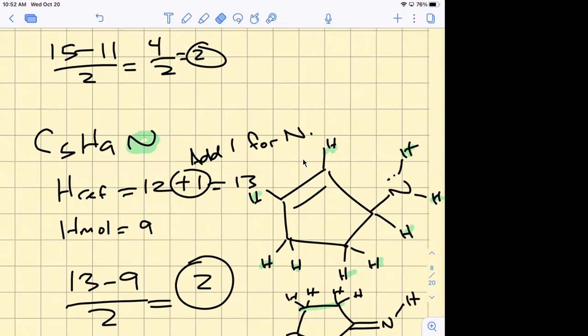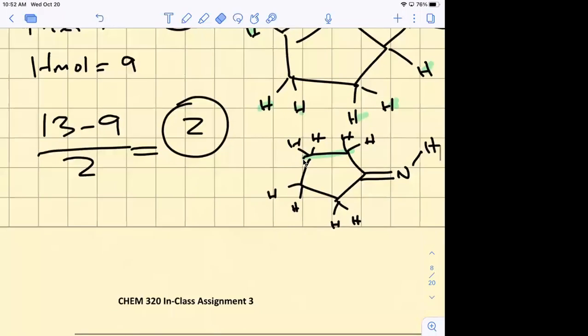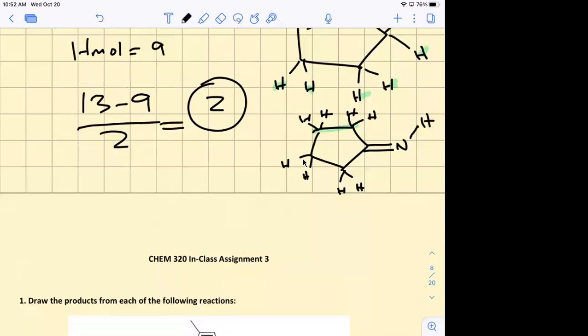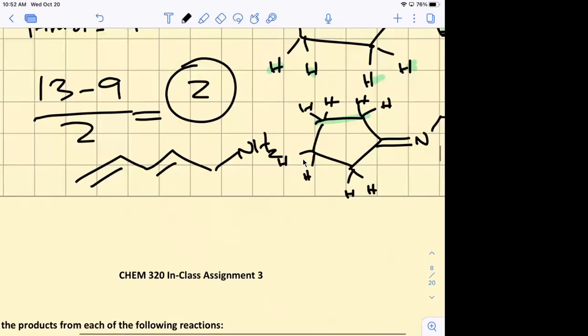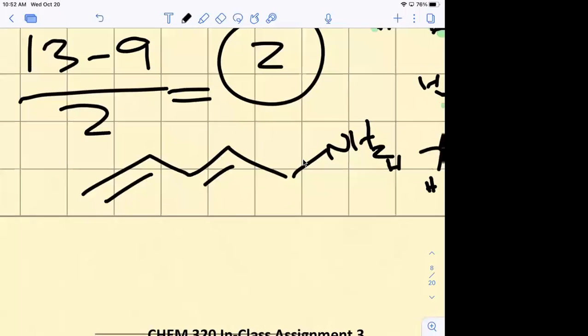By the same token, if I had a 5 carbon chain and I put 2 double bonds in it and I added an NH2, that will fit too, right? Because it's 2 degrees of unsaturation. And it's just a matter of adding the hydrogens in to make sure that you have 9 hydrogens.